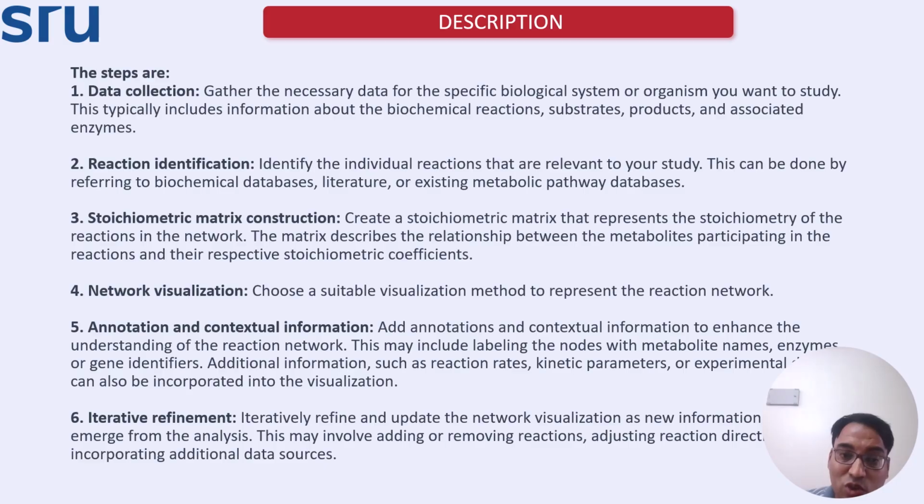Annotation and contextual information: under what context the reactions go on, what are the key parameters, what are the kinetic concerns, the kinetic energies and other things, all these parts you put here. And the iterative refinement, of course. This iterative refinement makes a significant contribution to increasing the overall accuracy of the constructed model.